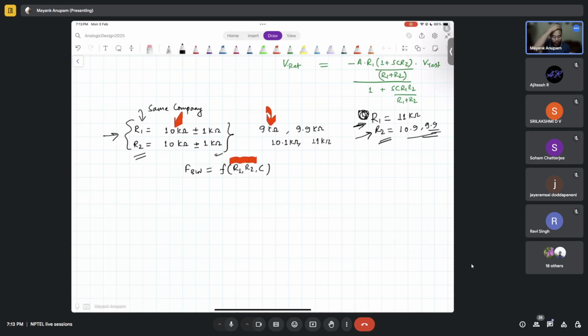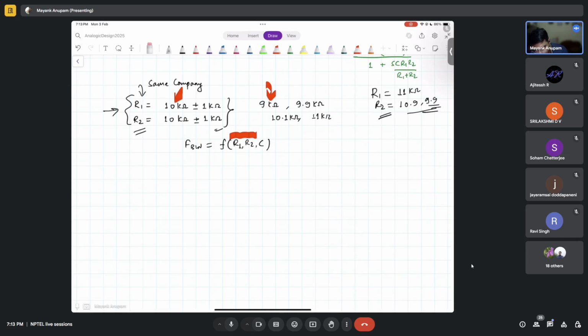But there is another kind of relationship, which is called correlated variation. Let's say you buy one resistor, and it was 10 kilo ohm, let's say 10.1 kilo ohms, and there is another resistor.